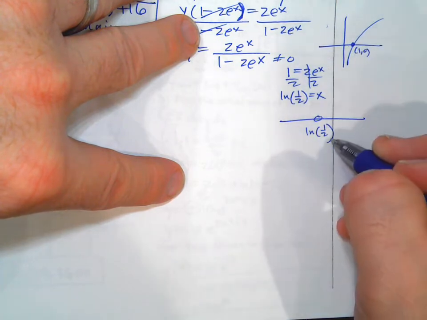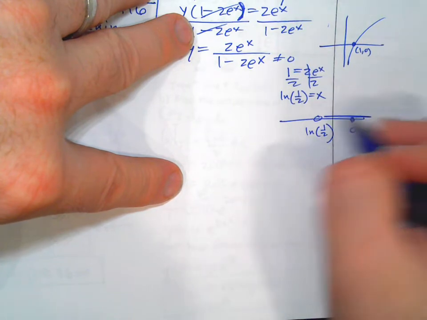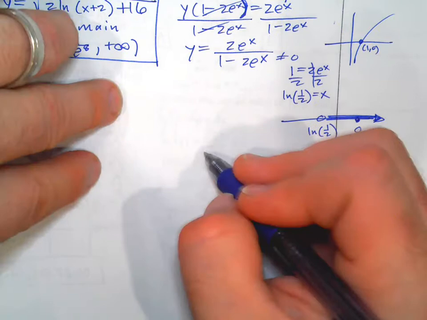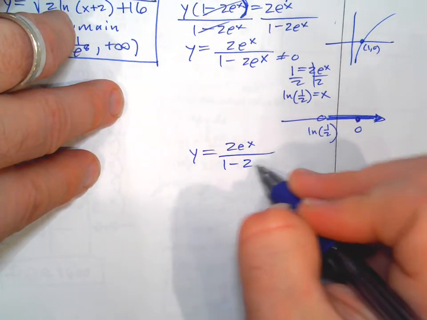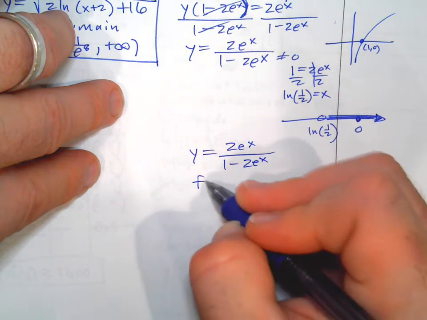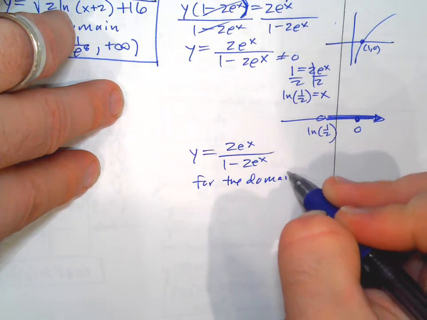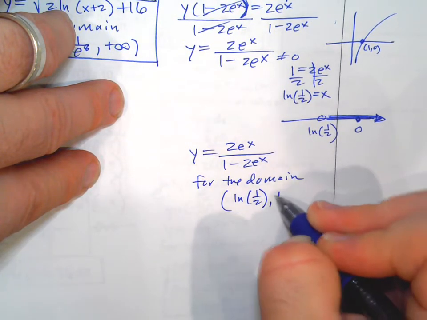It's negative. So x equals 0 is for sure to the right of it, for your single open interval, for your domain, for the solution of the differential equation. So your final answer is y equals 2e to the x over 1 minus 2e to the x, for the domain natural log of 1/2 to positive infinity.